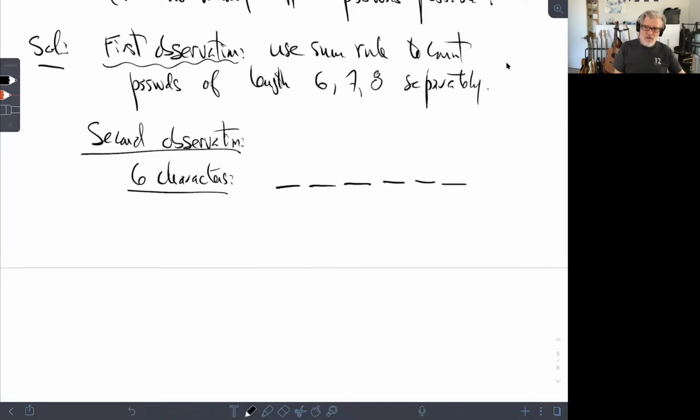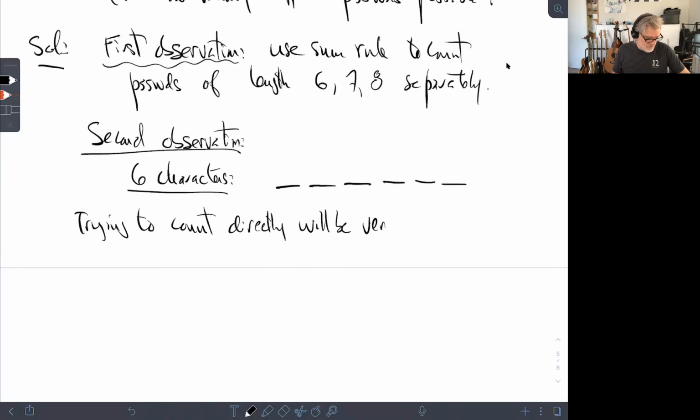So if you try to count this directly, it's going to be messy, and I think the same happens with those blank characters, although I haven't parsed it totally. Trying to count directly will be very tricky.